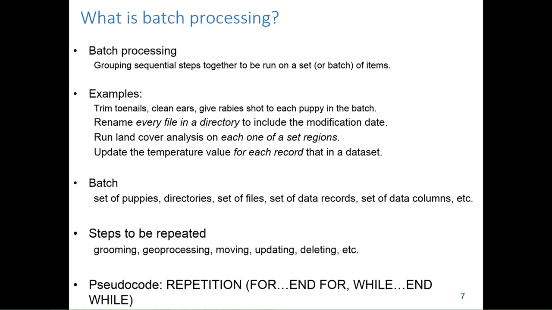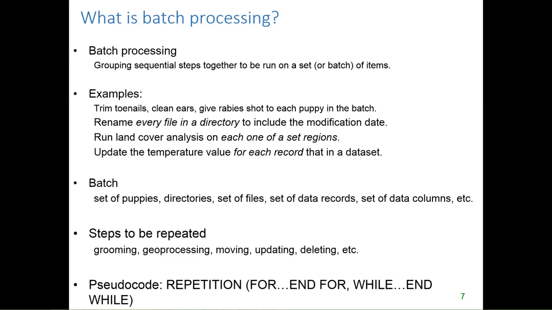These are just a few examples of batch processing. Batch processing is when you're doing the same step or set of steps on a batch of items. The items could be puppies, directories, files, records, columns, or other things.